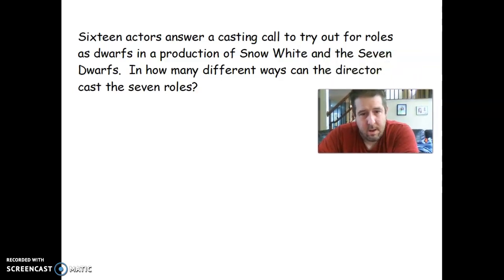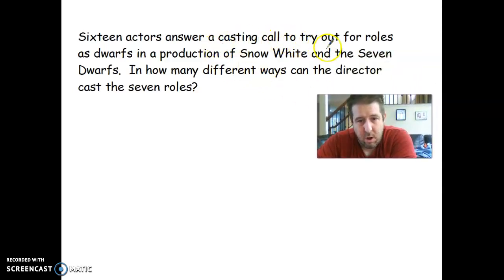16 actors try out at a casting call for the roles of the 7 dwarfs and a Snow White production. How many different ways can the director cast the 7 roles? Now, you have to be particular about the question. If it was just saying how many different ways could you choose 7 actors, then that would have been a combination.